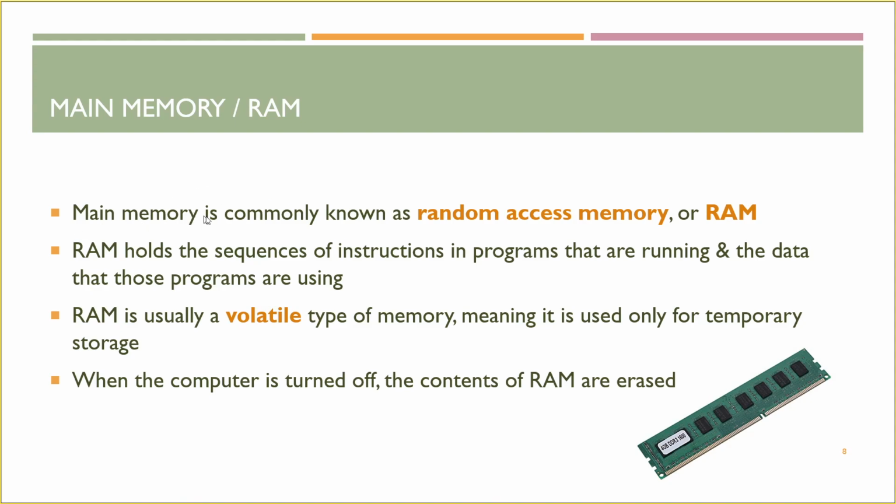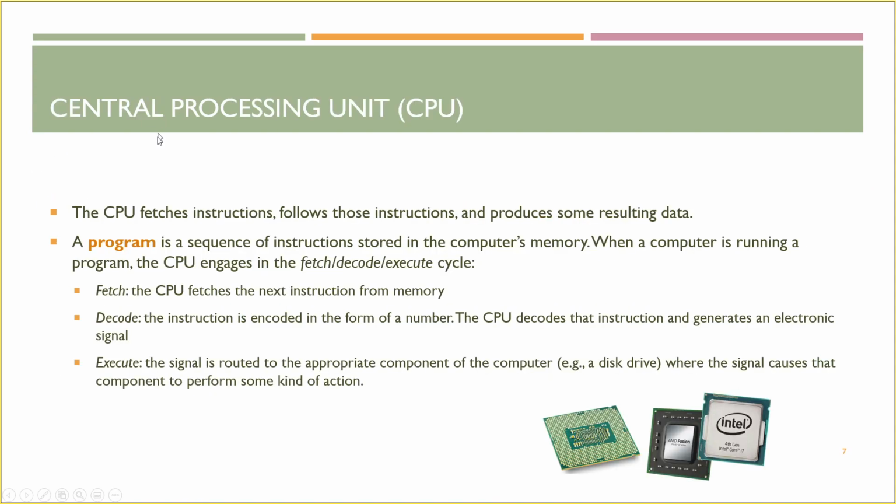Main memory, we commonly call this RAM, which stands for random access memory. What RAM does is it holds the sequences of instructions in programs that are running and the data that those programs are using. If we go back to our CPU cycle, the first step is the CPU is going to fetch the next instruction from memory. Right? So what is memory?